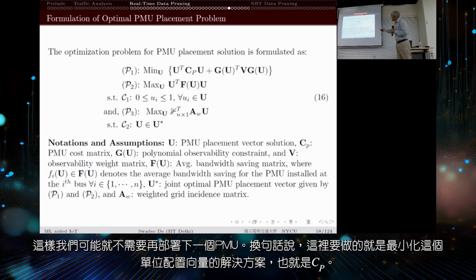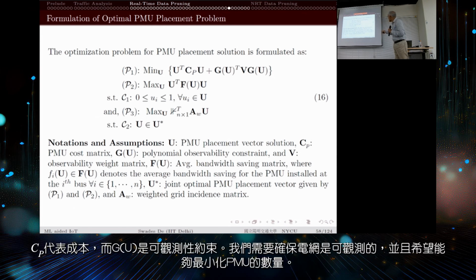And so if you look here, we minimize this, the PMU placement vector solution CP. CP is the mean cost, and GU is the observability constraint.